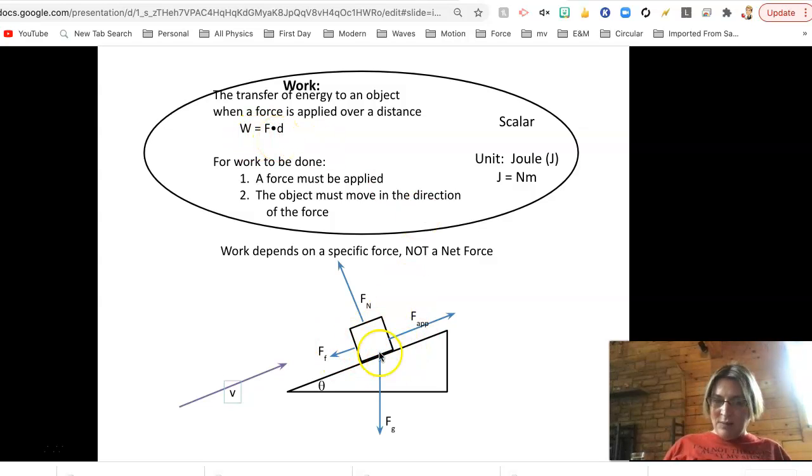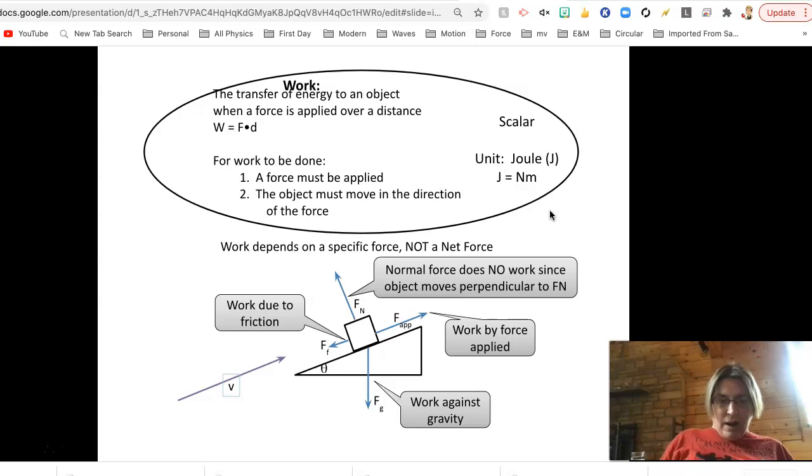So think about this object on an inclined plane. There are all these different forces on it. But if the object is moving parallel to the plane, the only forces that matter are the ones that are parallel to the plane. For that reason, we also have all different kinds of work that we can describe with these different forces.